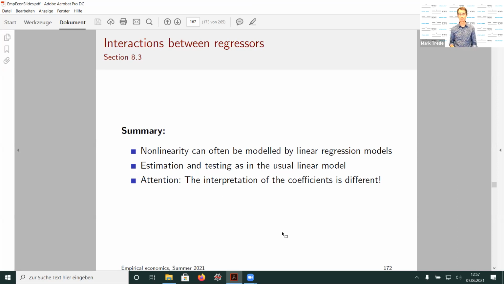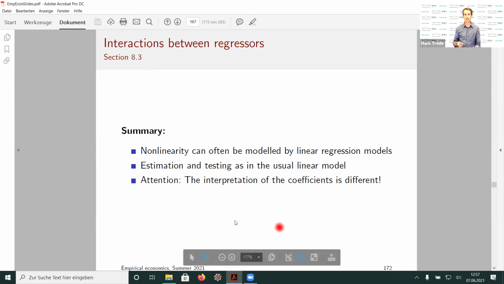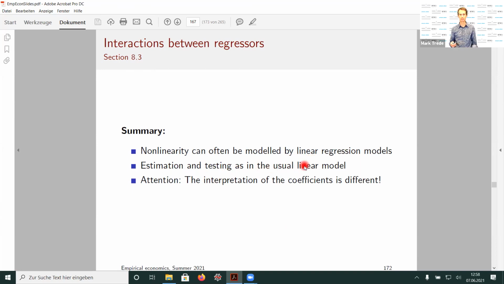In all three cases, polynomial regression, log regressions, and interaction terms, the estimation is just standard. We use the usual LM command. And also testing is just standard. We just do that as we have done in the usual linear regression model.